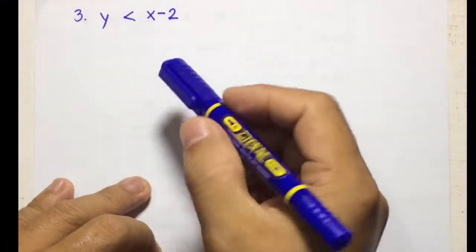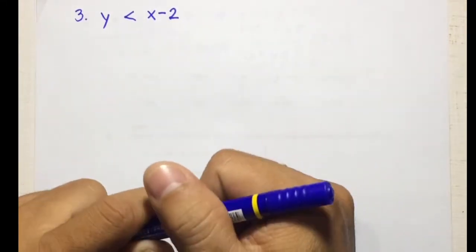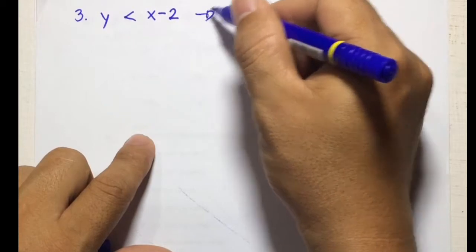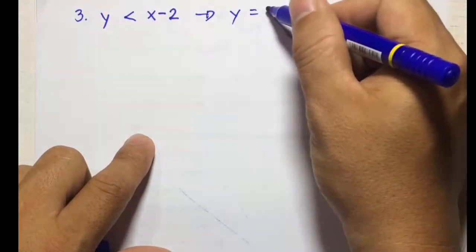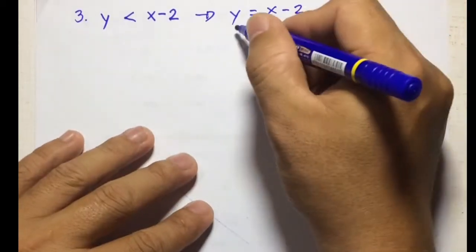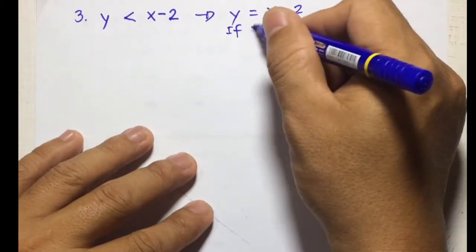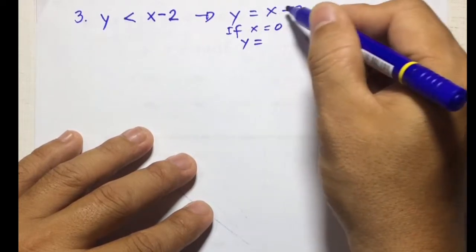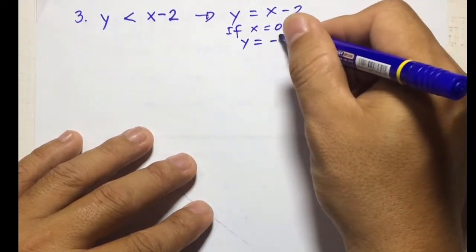Let's have our last example, number 3. Y is less than x minus 2. So we're going to change this to y equals x minus 2. Now if x is equal to 0, we have y equals 0 minus 2, that will be negative 2.